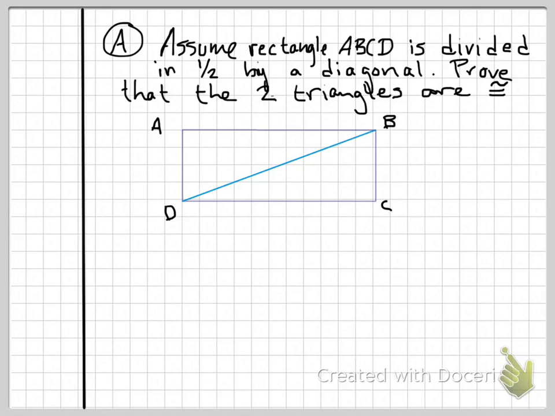Alright, so the first thing that I know is that segment AD has to be congruent to segment BC. And I know this because opposite sides in a rectangle have the same length.